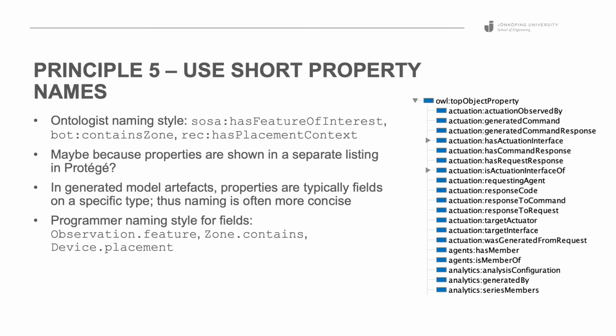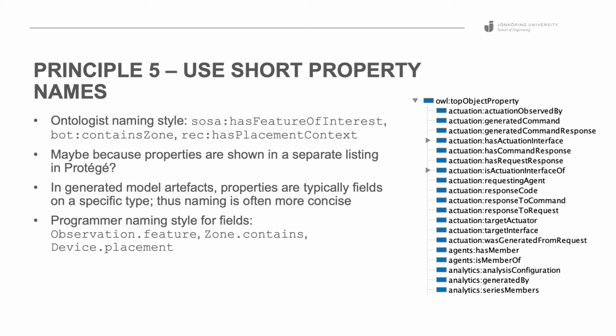Principle number 5 about property names. This is actually a usability challenge, in a sense, that ontologists tend to have reasonably long names for properties, such as the examples given here. And I'm thinking that may be because properties in an OWL ontology are their own entities and have their own identity and are shown in their own listing in Protege and other tools.